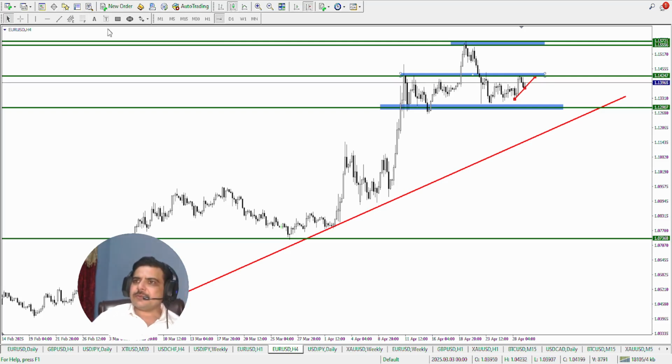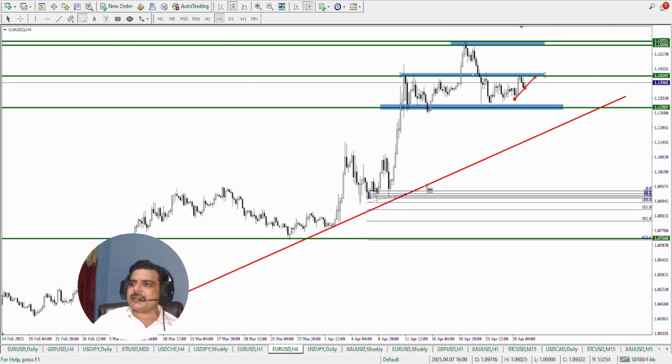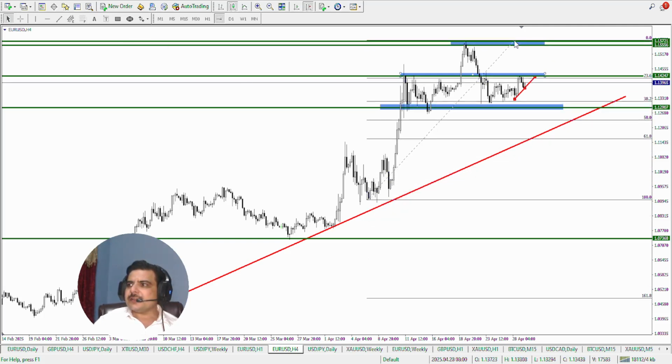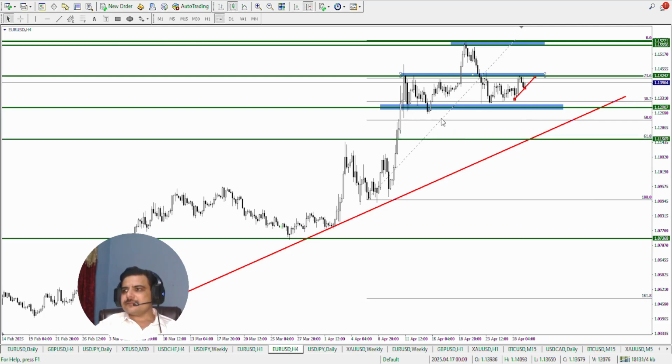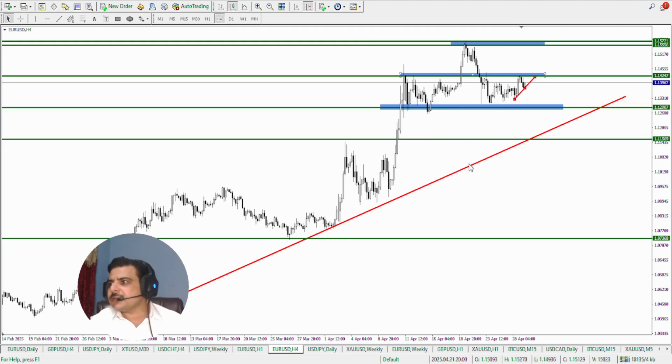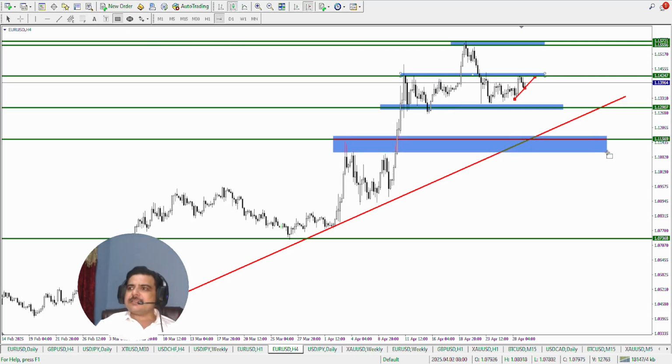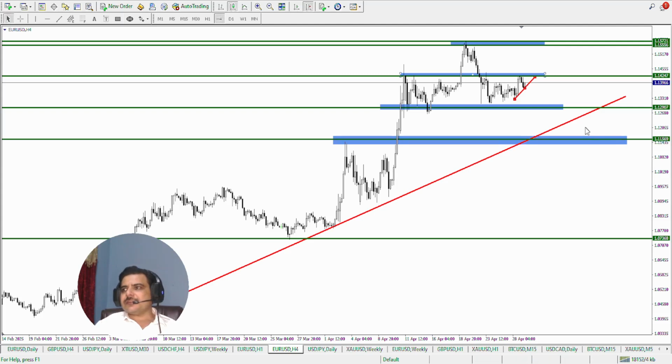And one thing I want to tell you, these sellers who entered the market are planning to hit this bigger trend line. This one, 1.11569, this level has not yet been retested by the price, and this possibility is still there.